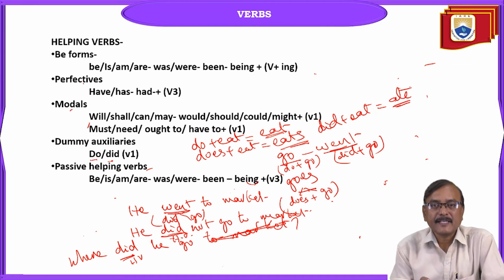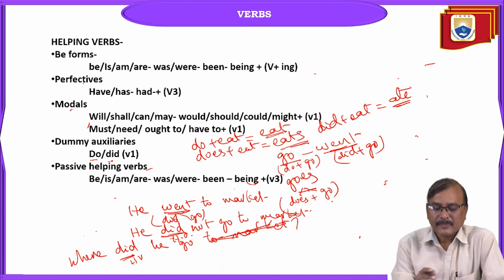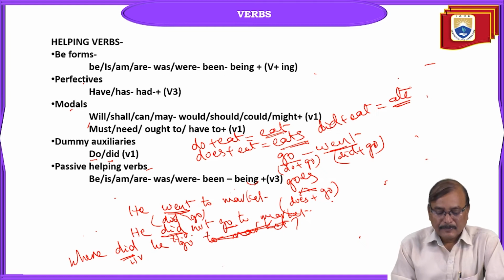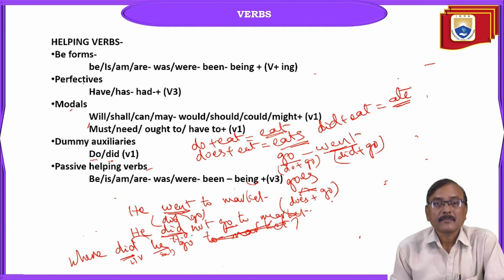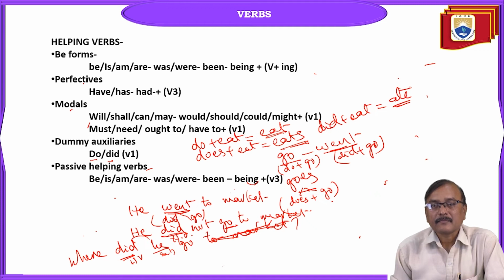In the negative sentence, bring out the helping verb, after the helping verb keep not, then keep the main verb. In questions, bring the helping verb before the subject. So you have to remember this.